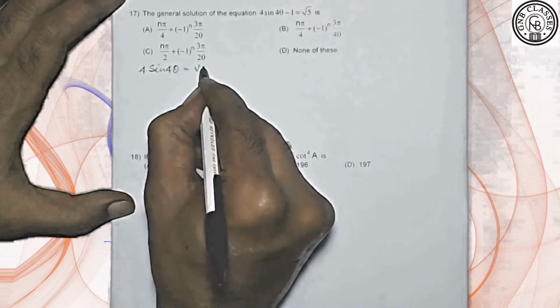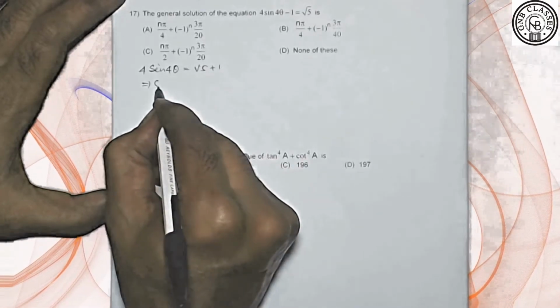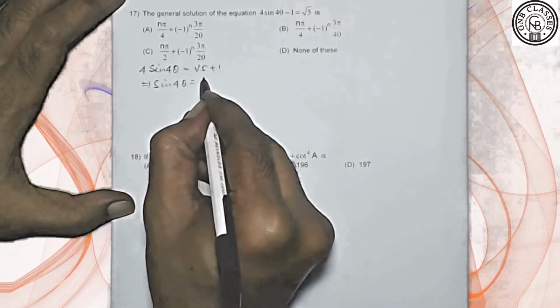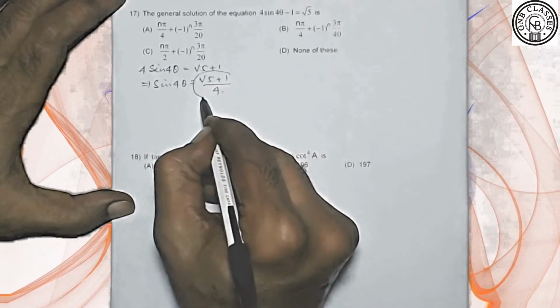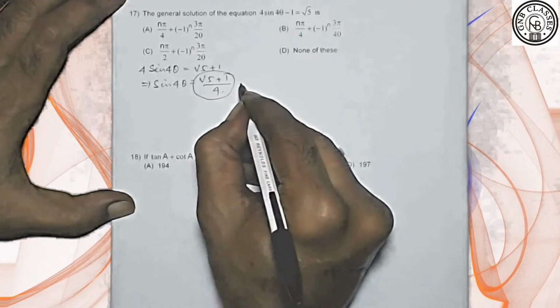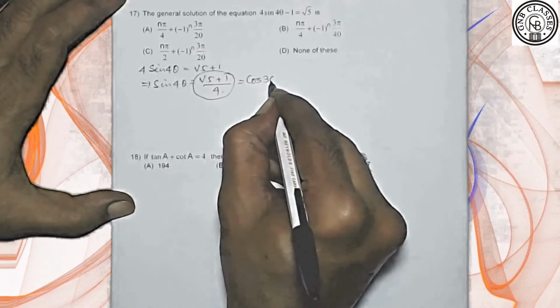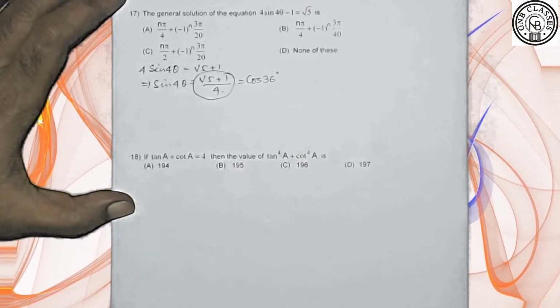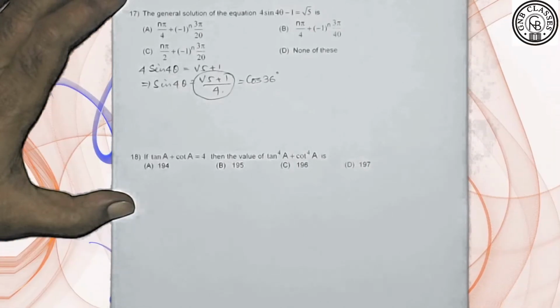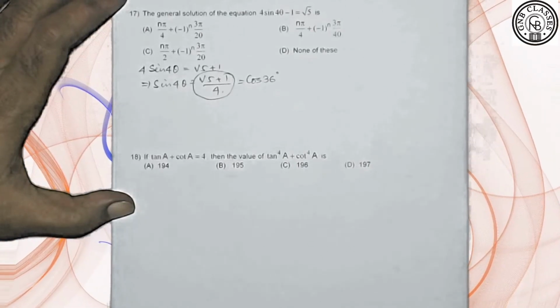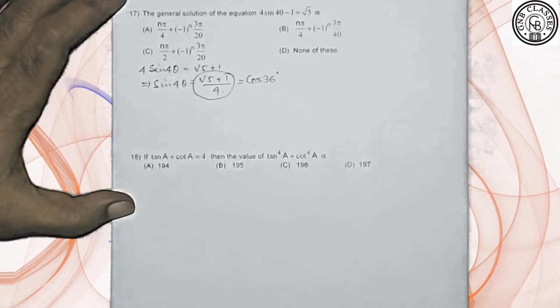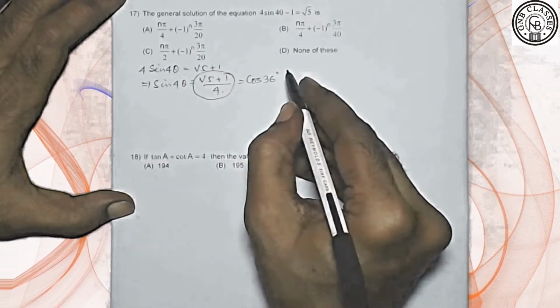In this problem, we have to find the general solution of 4 sine 4 theta equals to root 5 plus 1. That gives us sine 4 theta is root 5 plus 1 by 4. Now, what is the value of root 5 plus 1 by 4? It is nothing but cos 36 degrees, right? That is why I told you we have to remember the values of sine 18, cos 18, sine 36 and cos 36. These are all the standard values.